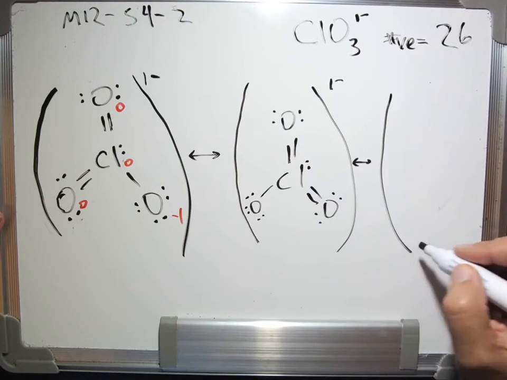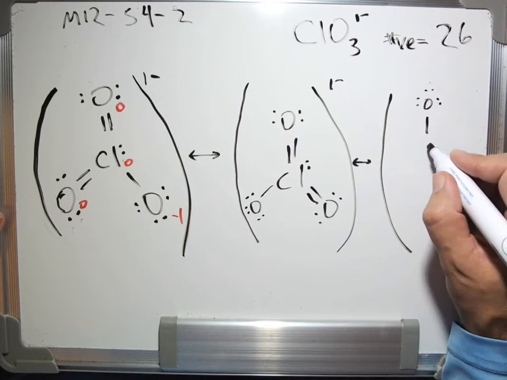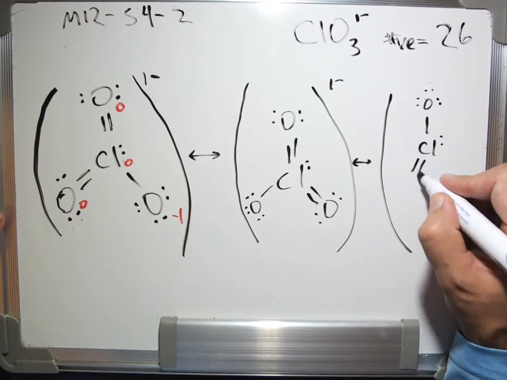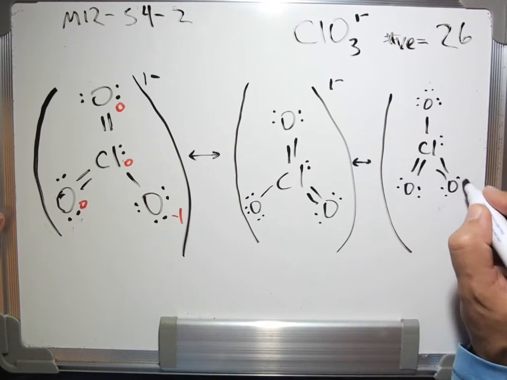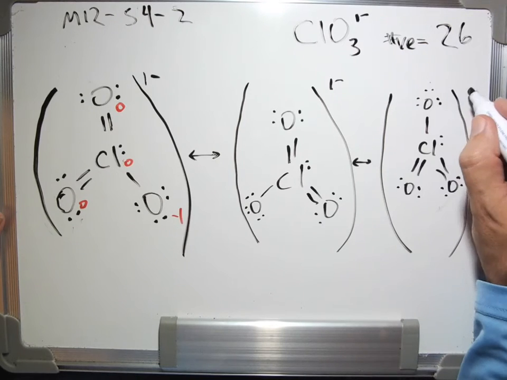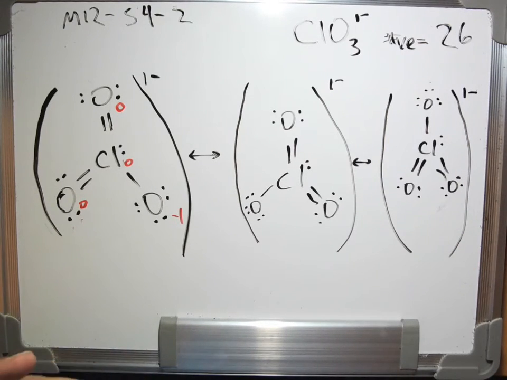And for the final form, we'll have that singly bonded oxygen here. These are the three contributors, major contributors, to the resonance hybrid for the chlorate anion.